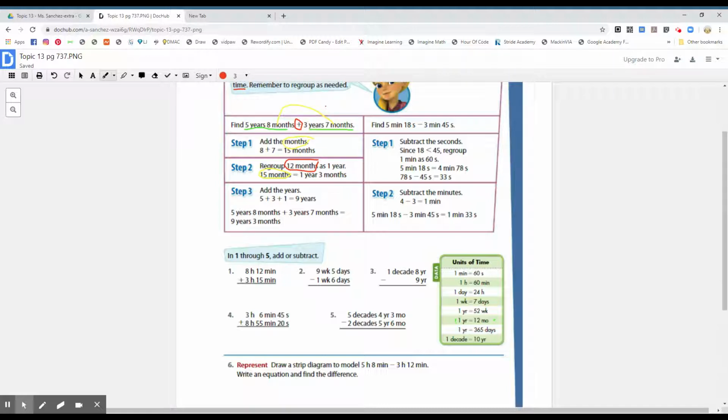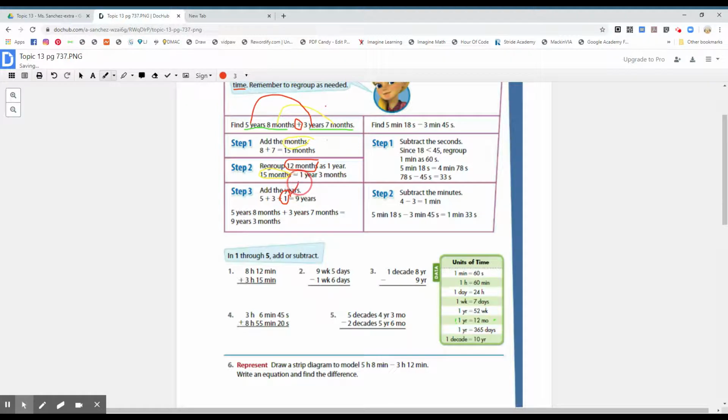Because 15 take away 12 is 3, you have 3 months left. But since you took away 12 months, that's how you converted it to 1 year. And then they added the years, the 5 years plus the 3 years, next, 5 plus 3. And where did they get this one, boys and girls?